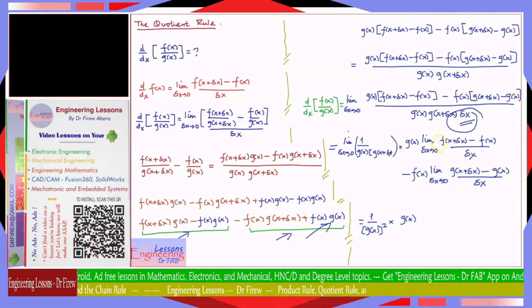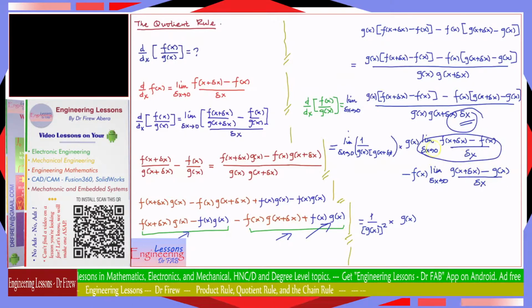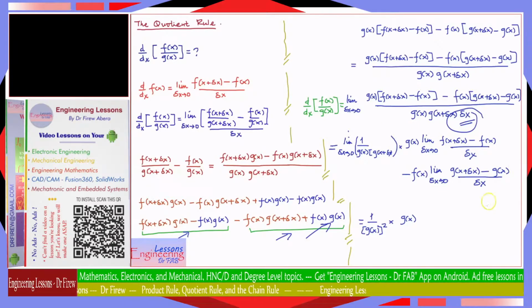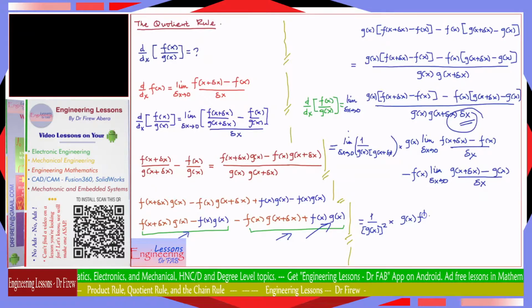And now, as we have defined here, if you see that part only, this part, that will be the definition of the derivative of f of x. So that will be f prime of x.